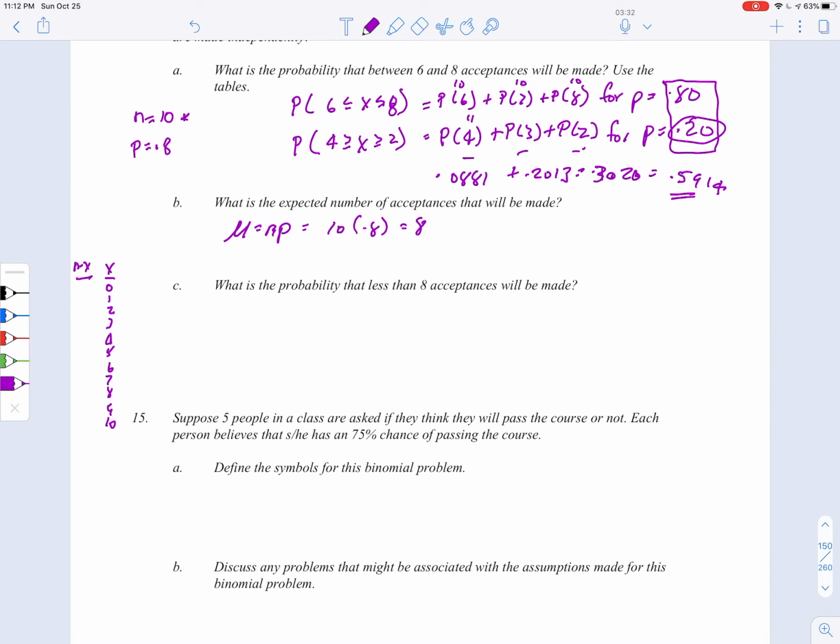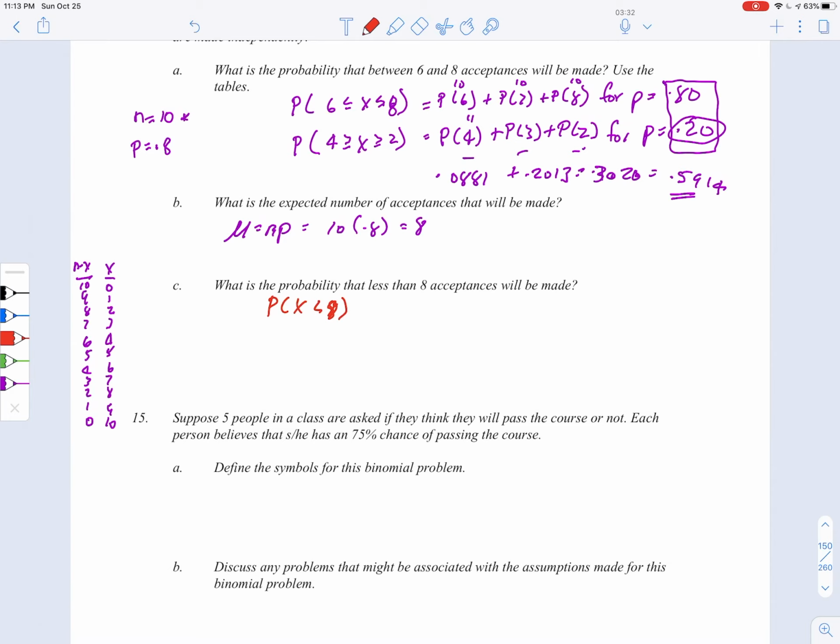Then n minus x, because that's what we look at here, is just the reverse: 10, 9, 8, 7, 6, 5, 4, 3, 2, 1, 0. I always write them out this way because it helps me. Now when I take a look at this and say less than 8, less than 8 means it doesn't include 8.